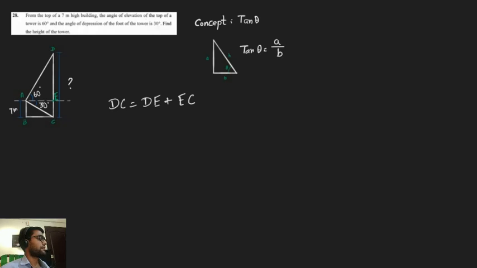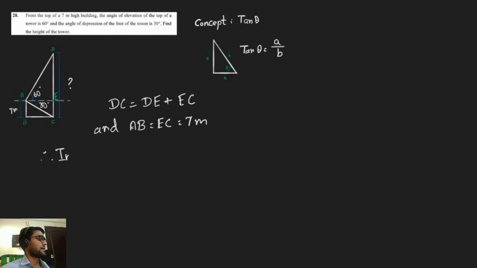And from the figure, we can see that AB equals EC, which equals 7 meters. Now we have got the height of EC. We have to find the height of DE.